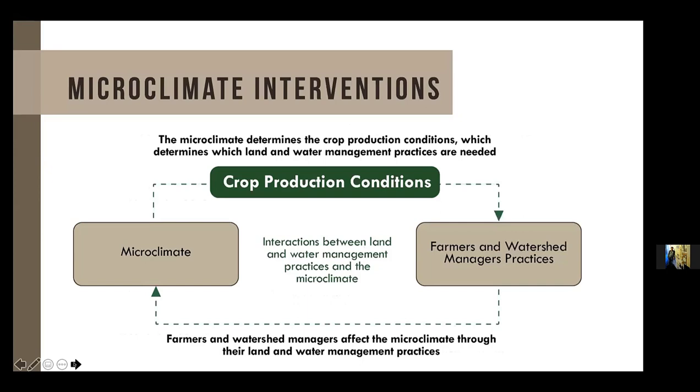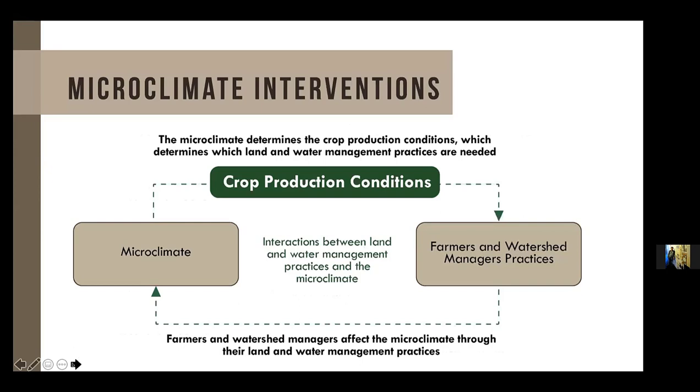Yeah, so making changes in a landscape changes the surrounding microclimate. That's the general assumption that hopefully we'll all end up agreeing with by the end of this masterclass. So any alteration in the landscape, including land and water management practices of farmers and watershed managers, affects and alters the microclimate.